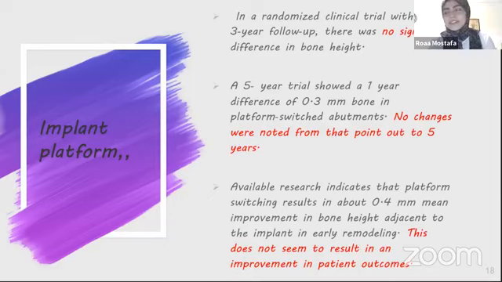And this is another bias. Yes, and this is actually worth mentioning, because maybe you don't get that much bone, but you gain that much soft tissue, and then the difference is really going to be huge, clinically significant. Good. Right. This is another bias in mentioning only these outcomes.